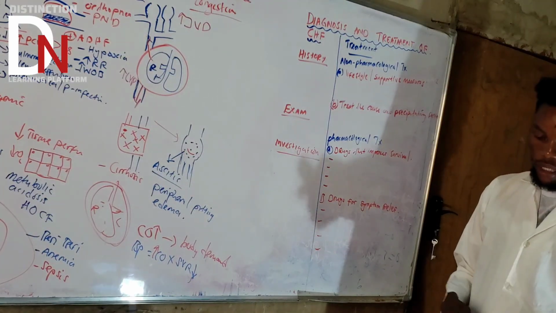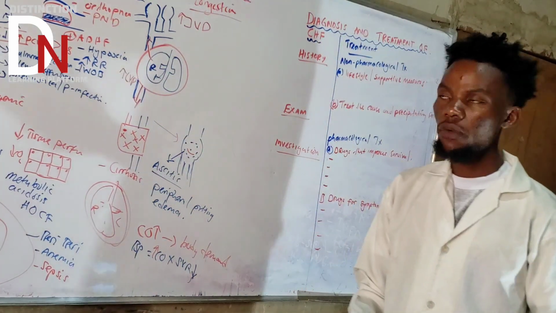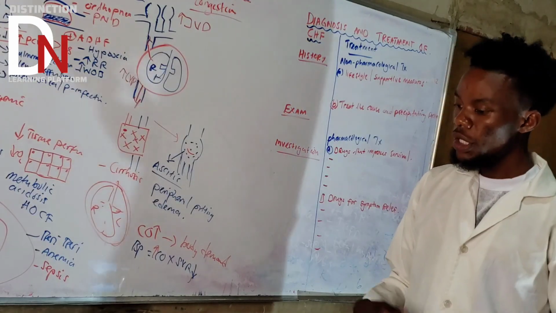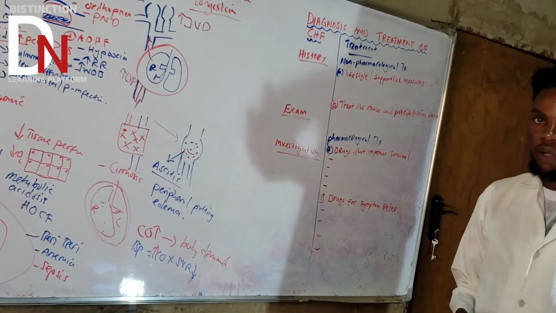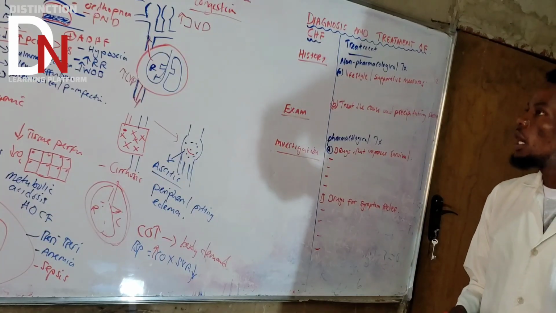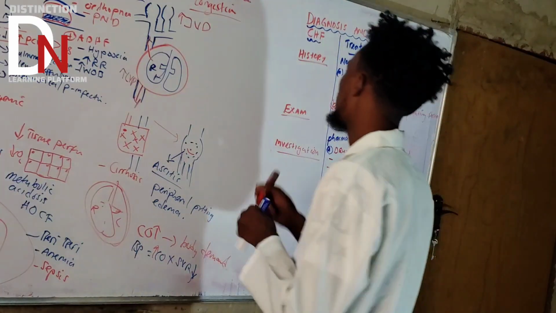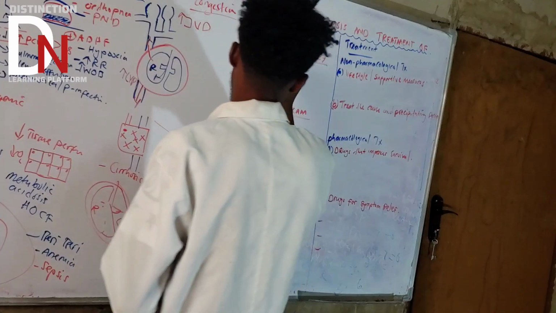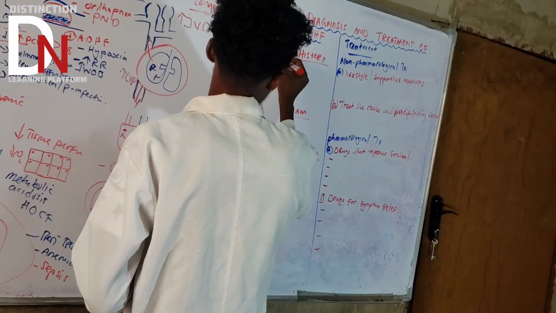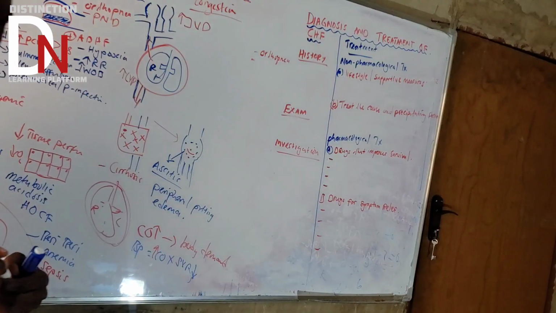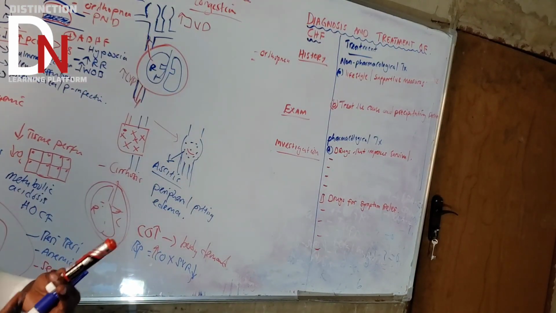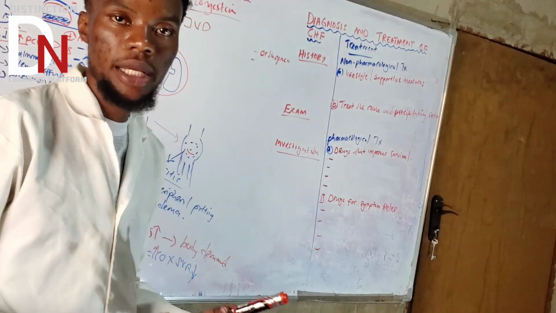From the history, you're going to ask about the famous symptoms that we talked about from the complications. What is the first thing that we can ask? Ask about orthopnea, which is difficulty breathing when someone is lying flat.